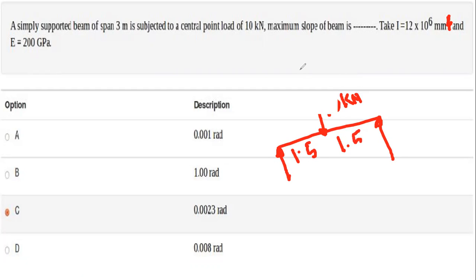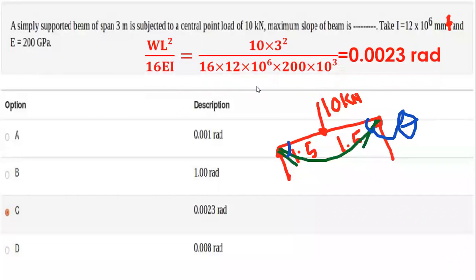Now here the maximum slope is at the ends. This is the deflected shape, and if you draw the deflected shape, the slope will be maximum at the end, so that theta we have to find out. This is the standard case, so the formula will be WL square by 16 EI. Here the slope will have the same value but opposite in direction. Suppose here it will be clockwise, at this point it will be anticlockwise.